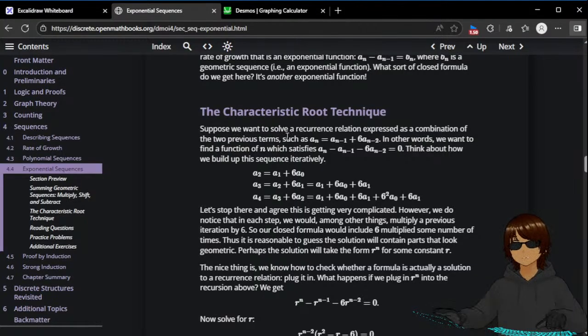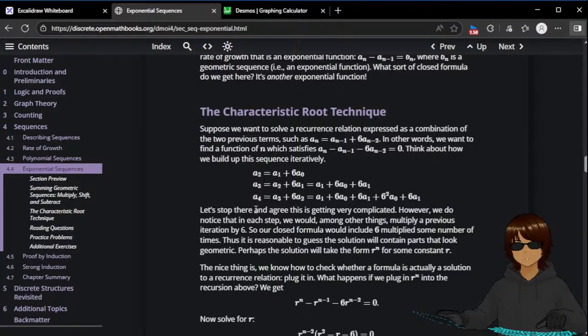Suppose we want to solve a recurrence relation expressed as a combination of two previous terms, such as a_n is equal to a_(n-1) plus 6 a_(n-2). In other words, we want to find a function of n which satisfies a_n minus a_(n-1) minus 6 times a_(n-2) is equal to 0. Think about how we build up the sequence iteratively.